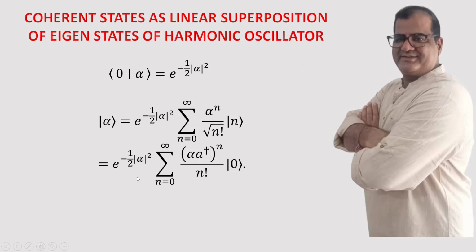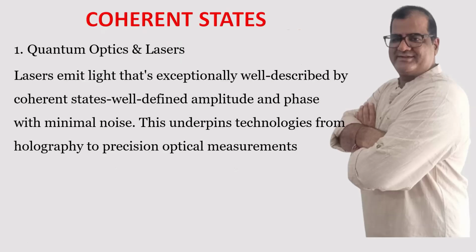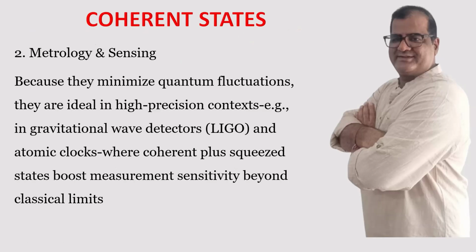Coherent states have many applications, as I told, theoretical and technological. Some of these applications: they are used in quantum optics and lasers, where the laser state is defined by the coherent state. Similarly, they are used in gravitational wave detectors because of their minimized quantum fluctuations.